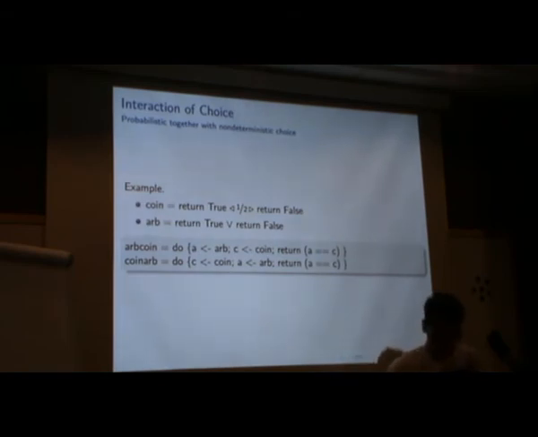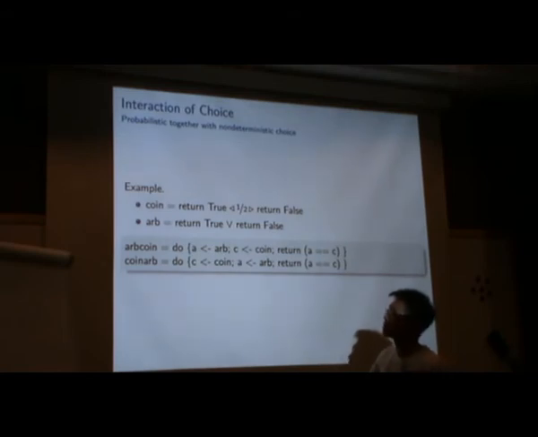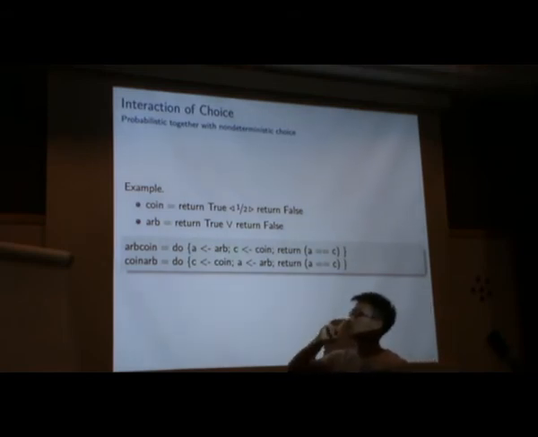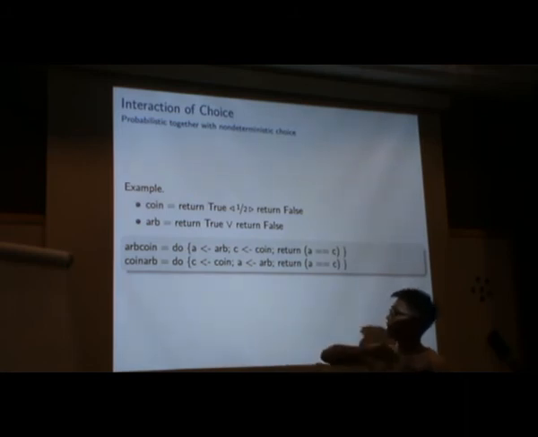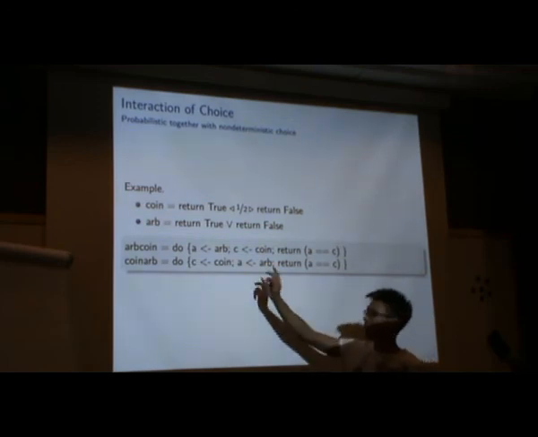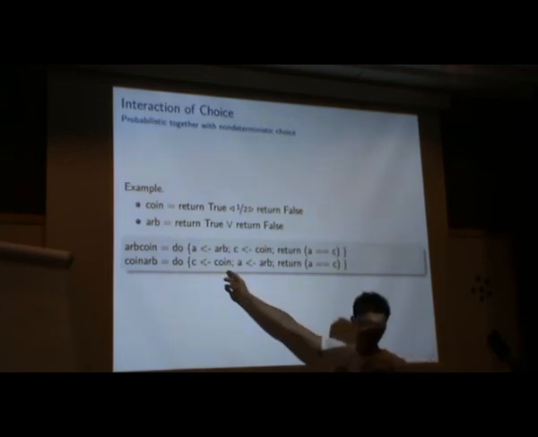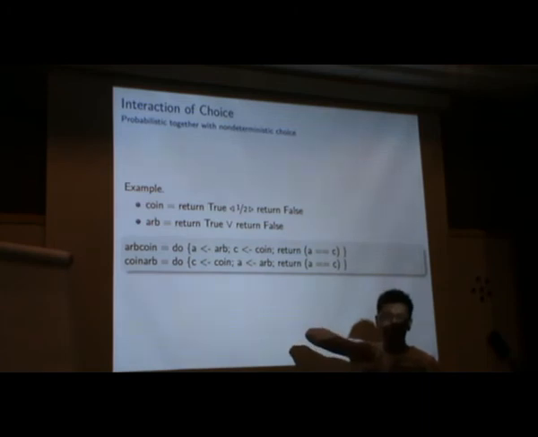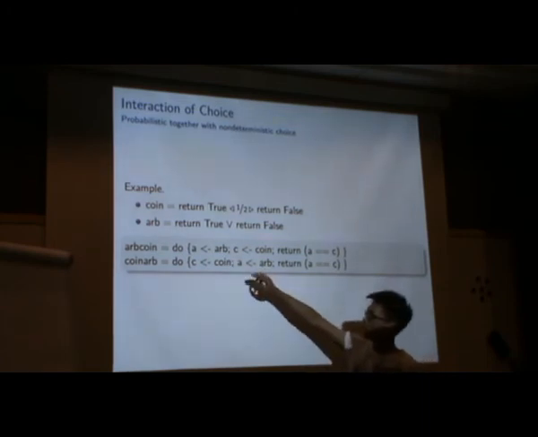And the answer is they are different, and that's because the non-deterministic choice in the second instance is in some sense allowed to depend on the results of the probabilistic choice, whereas that wouldn't make sense the other way around.